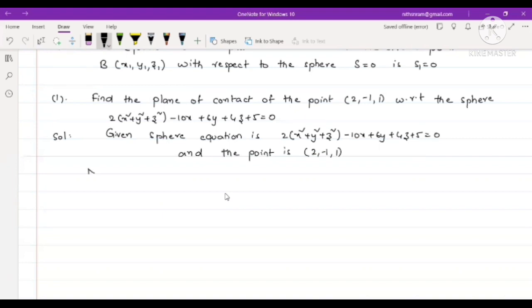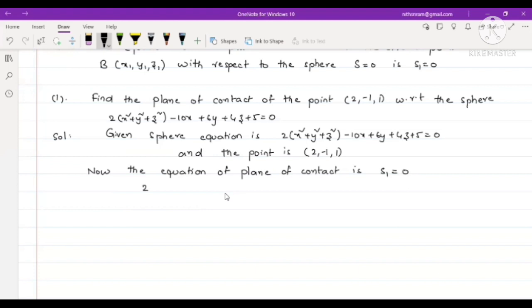Okay, so now the equation of the plane of contact is, I'm simply writing it as S1 = 0. So treat the given sphere as S = 0. The formula to find the equation of the plane of contact is S1 = 0. So here we have to write S1 by seeing the sphere. Okay, so I am writing that.